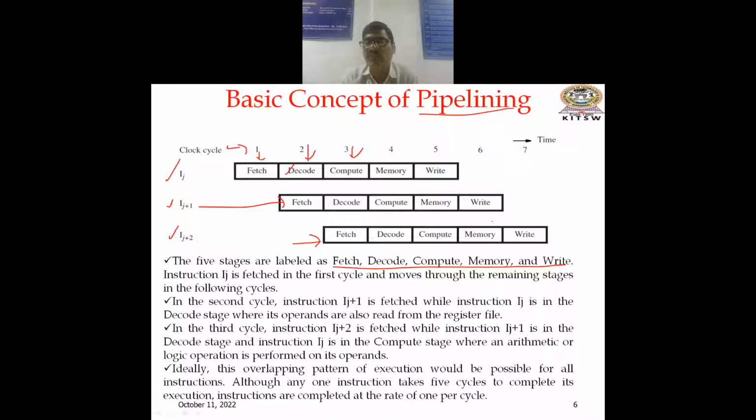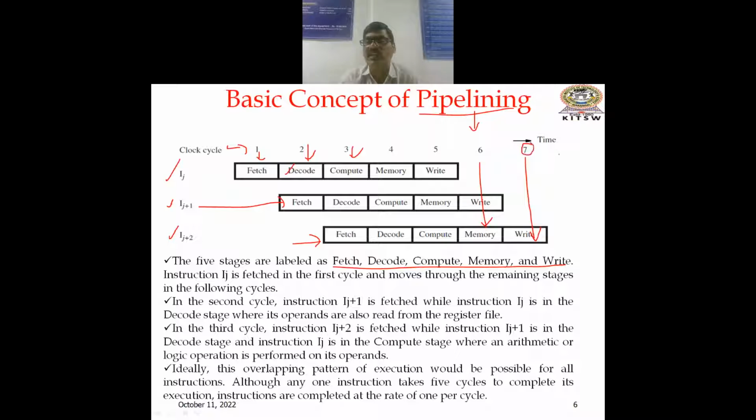So without pipelining, we just saw that it requires 5 plus 5 plus 5, so totally 15 clock cycles are needed. But if we make use of this pipelining concept, how many clock cycles are required to complete all three instructions? Anyone please? So totally how many clock cycles are required? It requires only 7 clock cycles.